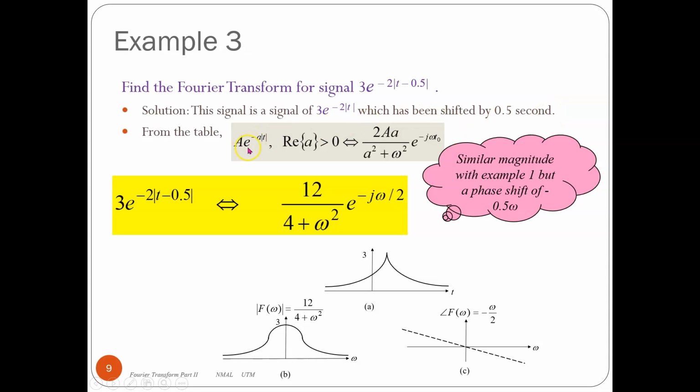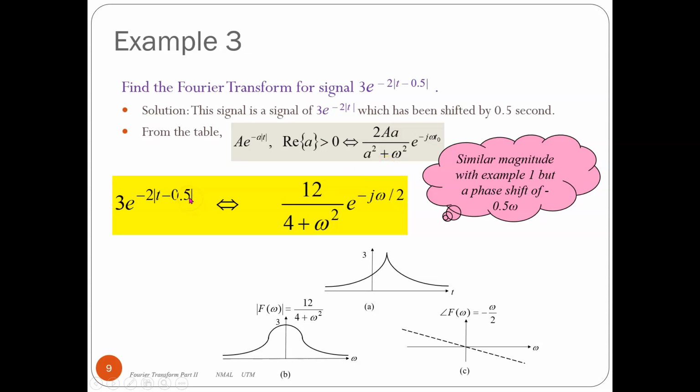Previously we solved it using linearity and superposition, but there is a solution from the table, which is given as exponent negative at here, and the Fourier transform pair is given like this.